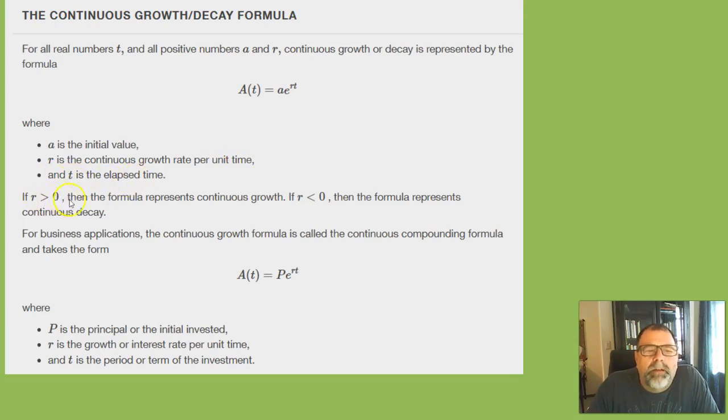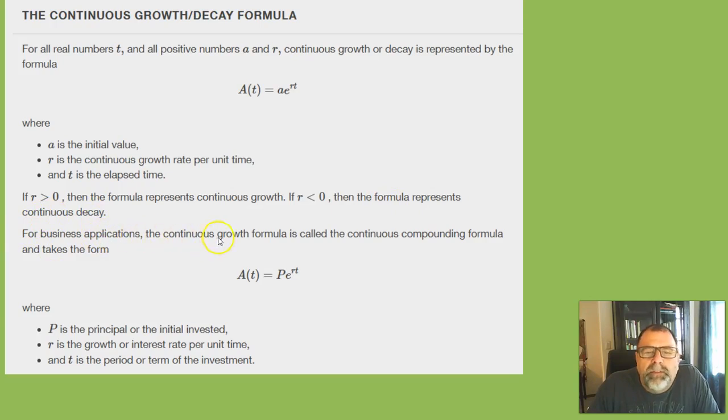So if r is greater than 0, the formula represents continuous growth. That's exponential growth, or in this case we call it continuous growth. If r is less than 0, if it's negative, then the formula represents continuous decay.